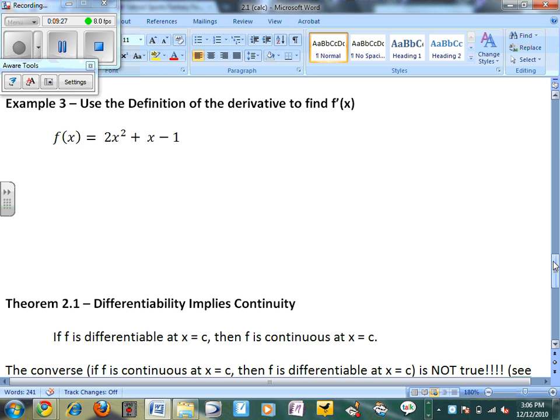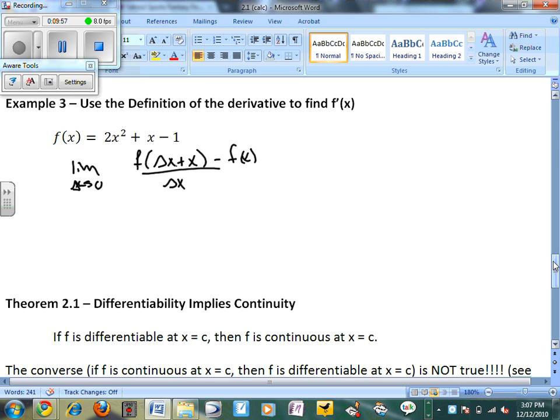So we know that it's f of x plus change of x minus f of x all over change of x, and the limit as change of x approaches 0. So I'm going to take the limit as change of x approaches 0 of f of x plus change of x, minus f of x, all over change of x.